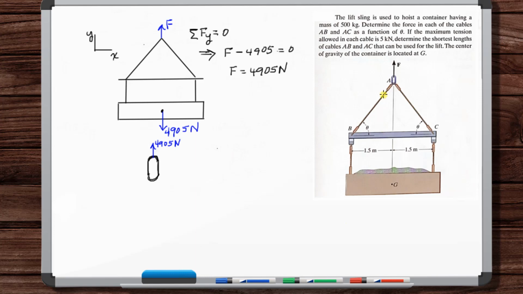And then these cables, we know they're in tension. They're in tension because this ring is pulling this cable in this direction. So by Newton's third law, the cable is equal and opposite, which means the cable is pulling the ring in this direction.